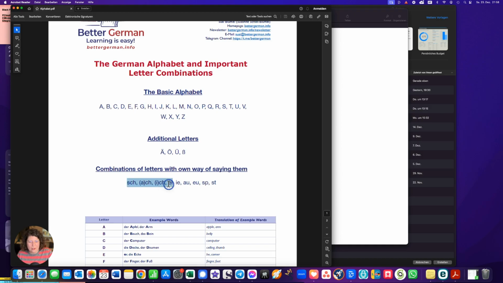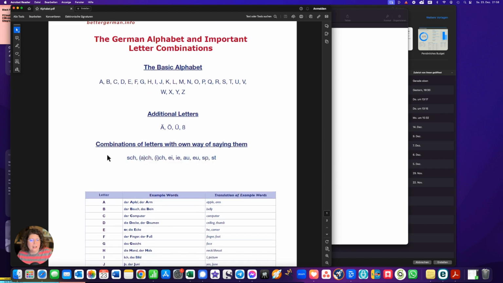And then here are a few combinations that are used a lot. These are not all combinations. So what's up with these combinations? Generally, we have at least one sound for each letter. Actually, German is a little bit easier in that respect than English, because English has, for many letters and many combinations, a lot of possible pronunciations.